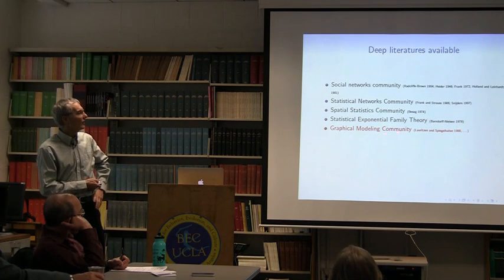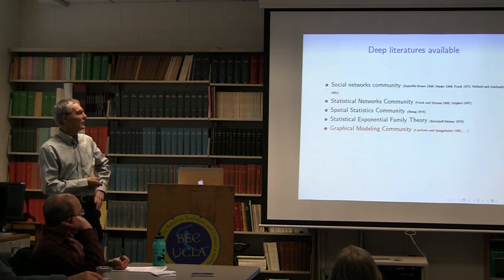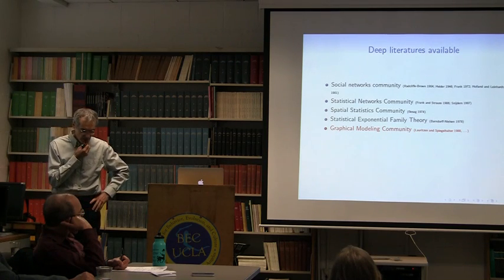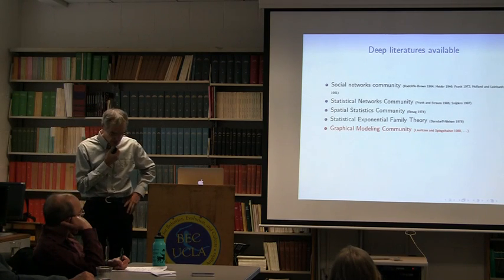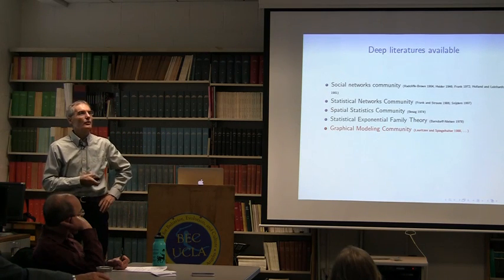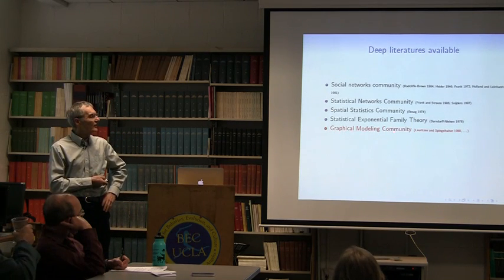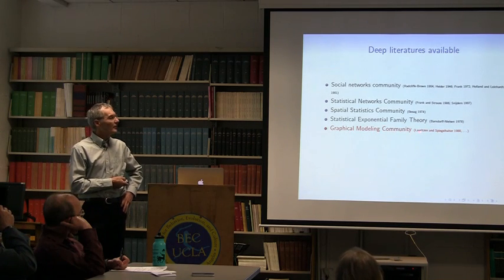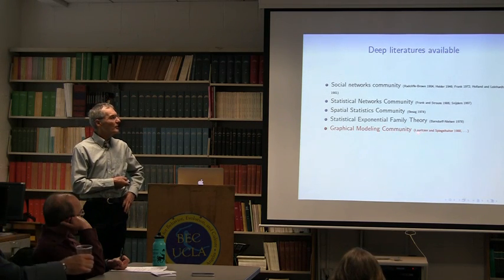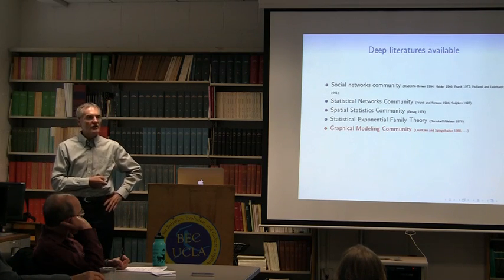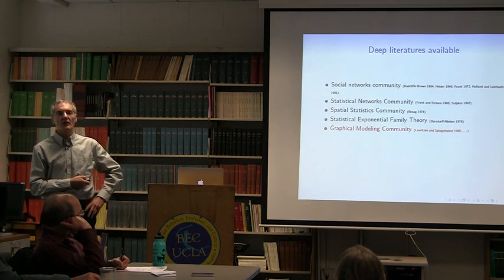I should also mention, for those of you who are thinking, the graphical modelling community, which has been very big since the 1980s, would seem to be directly relevant here. And as it turns out, it's surprisingly orthogonal to a lot of the work in the social networks. The reason is that, to a large degree, this graphical modelling community has been interested in cases where the nodes themselves represent random variables and the ties represent various forms of conditional independence relationships amongst those.